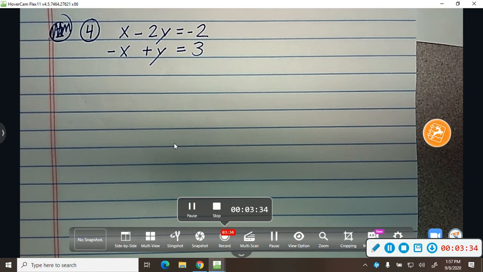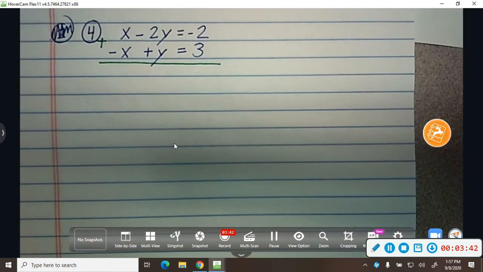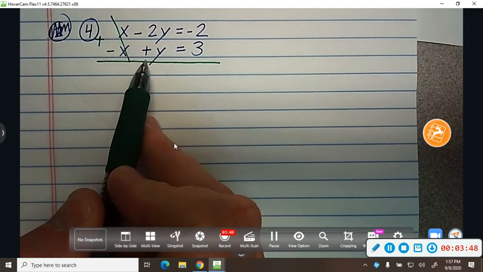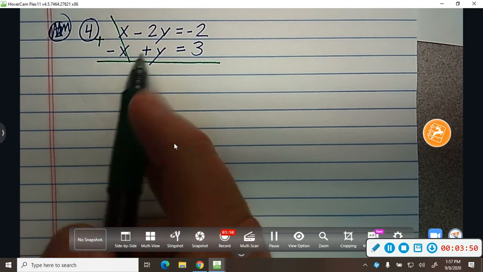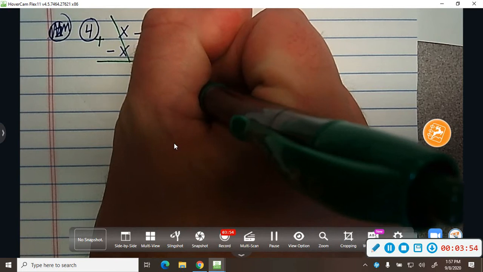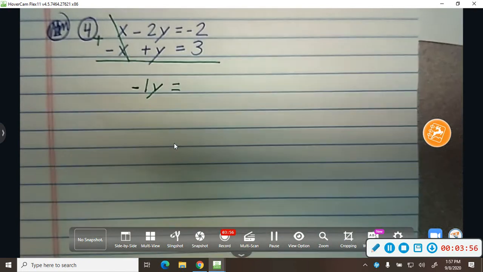So on this problem, you may notice that if you add them, something eliminates, the x's. So go ahead and add them together. X and negative x eliminate. Negative 2 plus 1 is negative 1. And negative 2 plus 3 is 1.